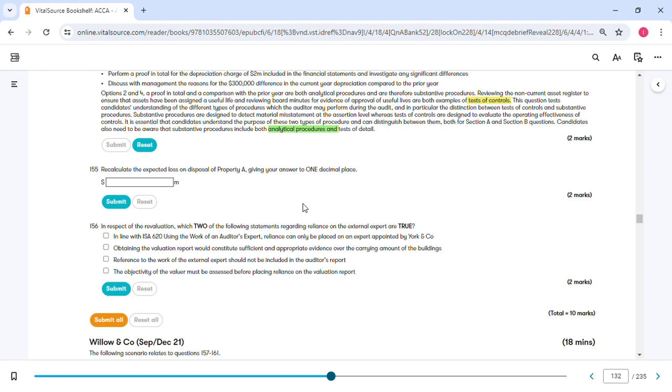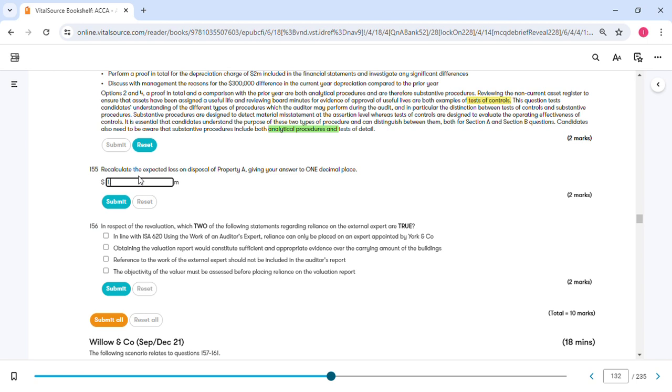How much is the profit or loss? Is it profit or loss? Loss, sir. And how much is the loss? One minute. 1.5 million. 1.5. Send me a screenshot of what you have written, both of you.